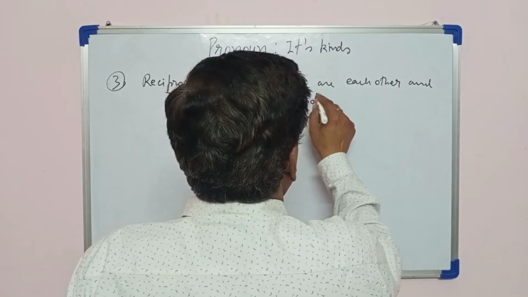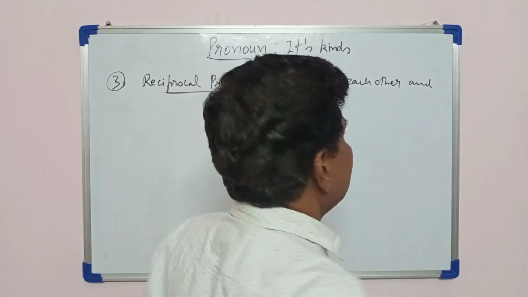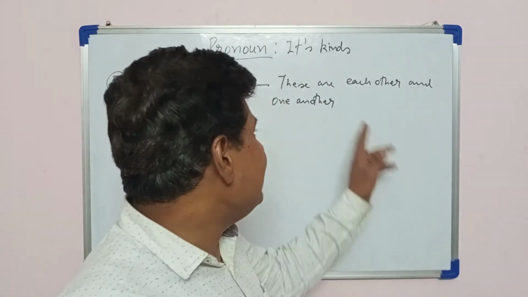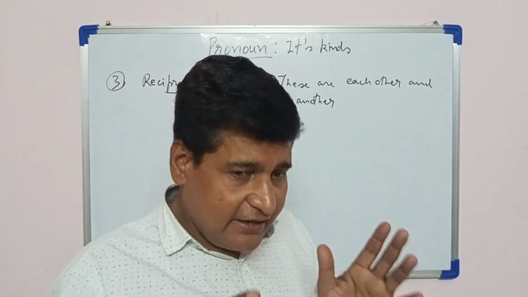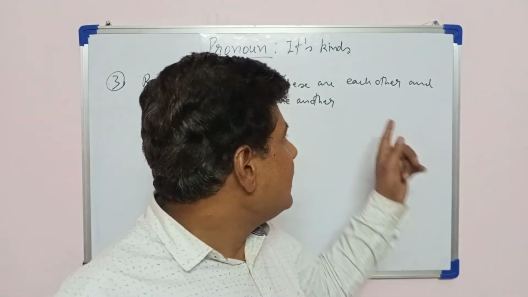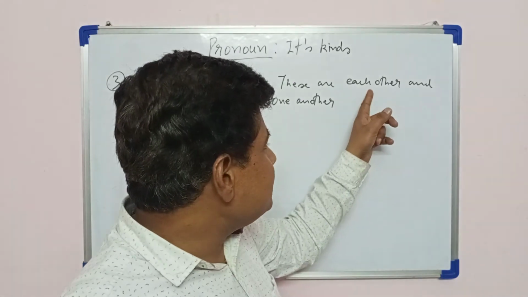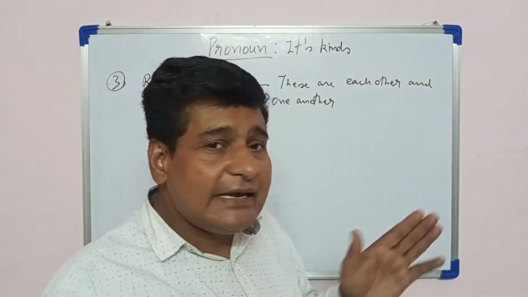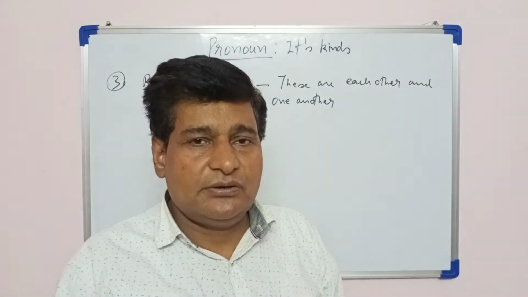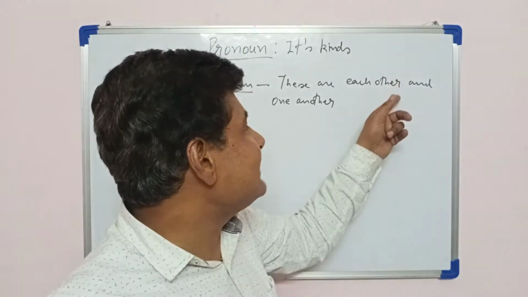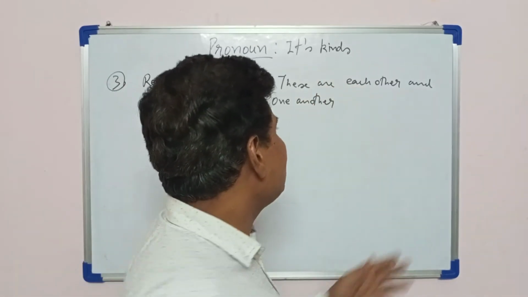Let's take one example. These are never used with a preposition in between and they indicate each other. That means one indicates the other and the other indicates the one.